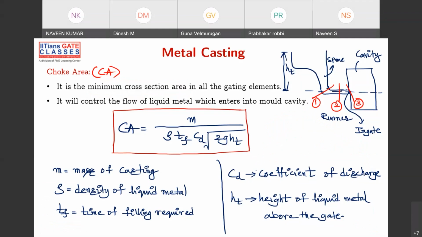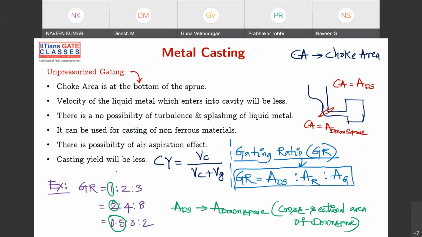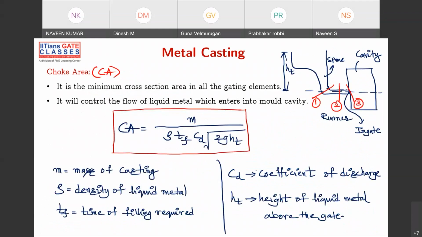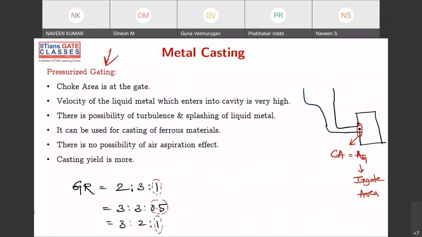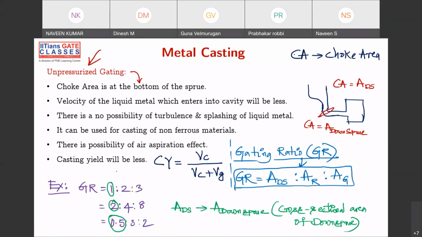Okay, fine. Based on this choke area, there are two categories that we have to remember: pressurized gating system and unpressurized gating system. If you see, this is the unpressurized gating system and this is the pressurized gating system. Why is it called unpressurized?